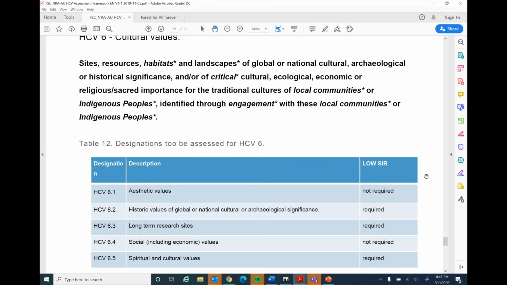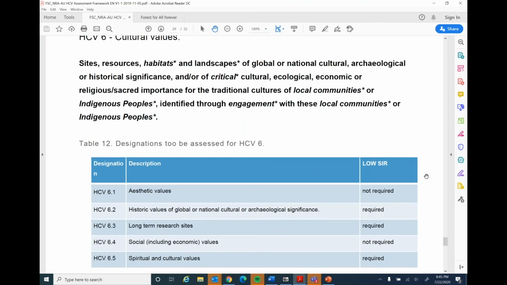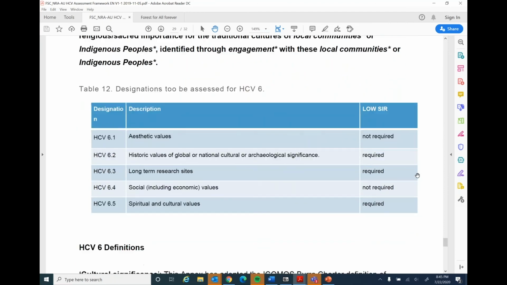So here we have high conservation value 6, cultural values, and once again we have the designations to be assessed for low SIR, 3 required, 3 not required. So the required ones are historic values of global or national cultural and/or archaeological significance, long-term research sites, and spiritual and cultural values.